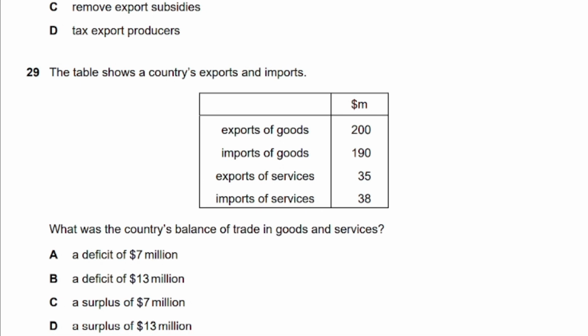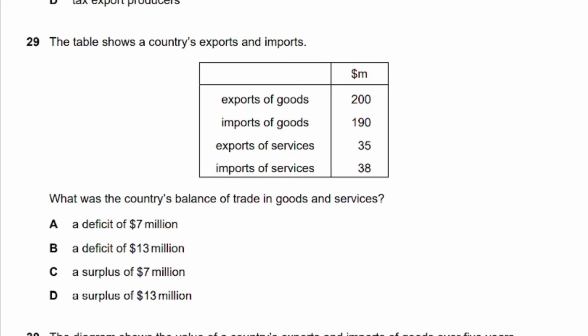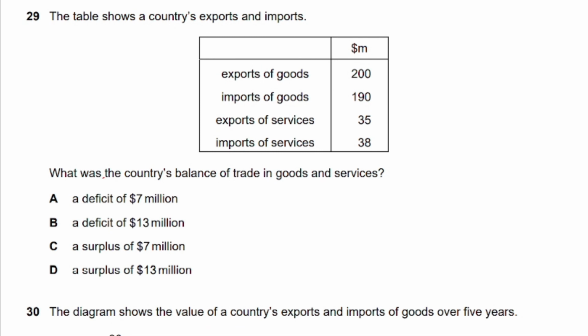Question 29 says the table gives a country's exports and imports. What was the country's balance of trade in goods and services? The balance of trade in goods and services is equal to export of goods plus export of services minus import of goods plus import of services.